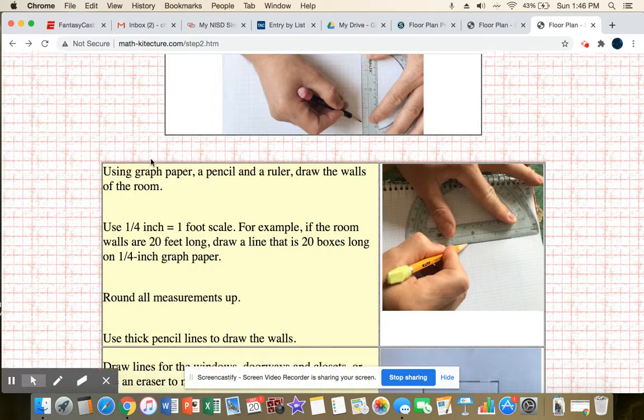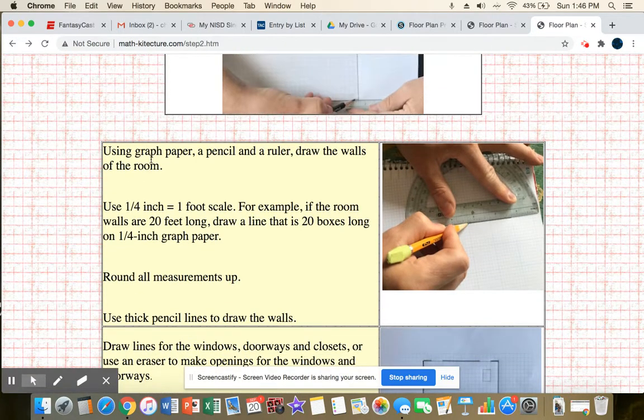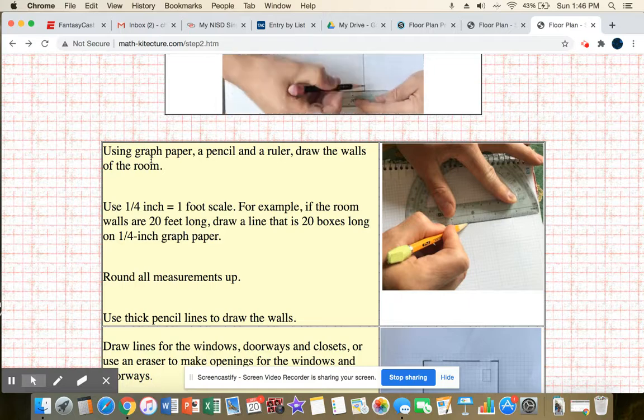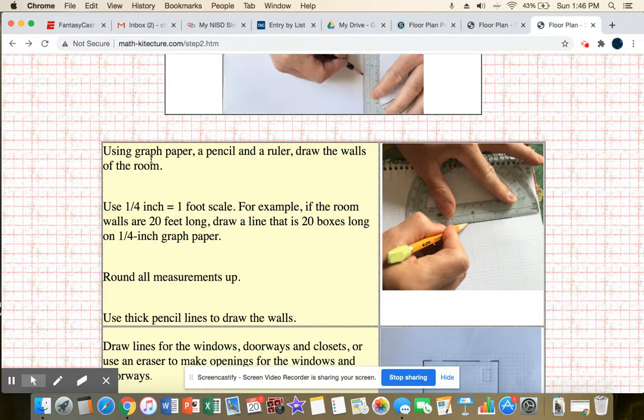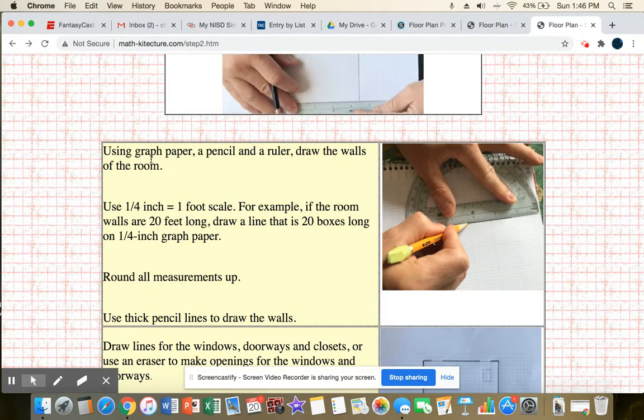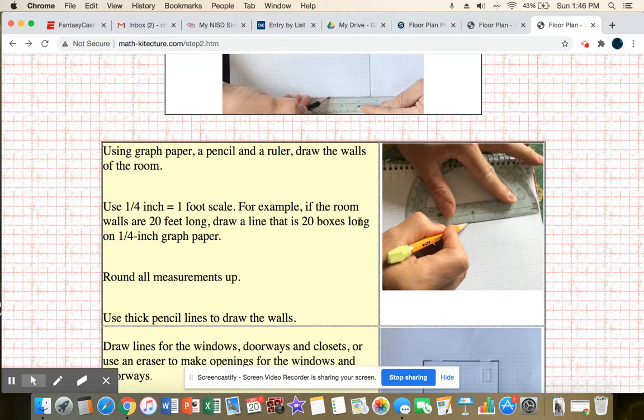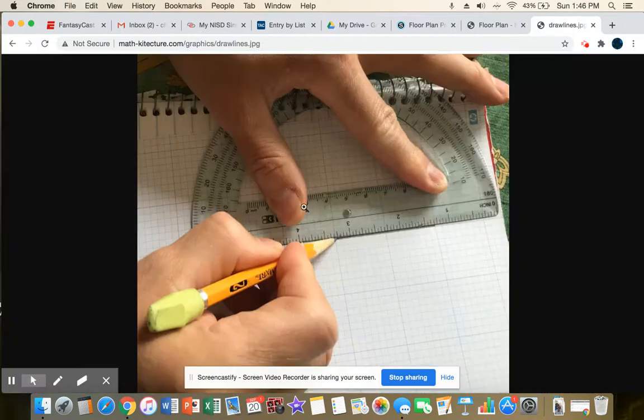All right. Make sure it's 1/4 inch graph paper because the scale you're going to use is every 1/4 inch equals 1 foot. Okay. So that means when you look at this drawing, every single box on your graph paper, even though this guy's graph paper is much smaller, should be a 1/4 inch.